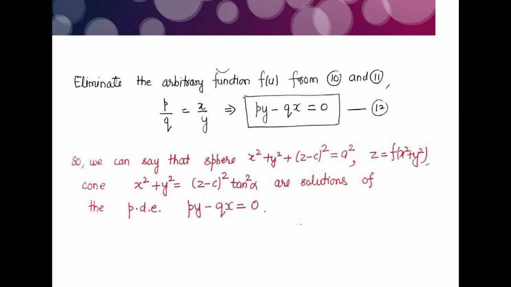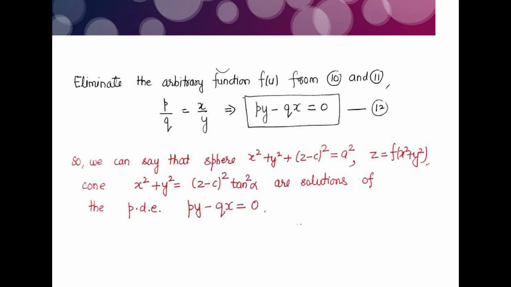Now from equations number 10 and 11 we have to eliminate the function f, which is appearing in the form of f dash u. So you can eliminate it. So finally we have p by q equal to x over y. Simplify this, and we have equation number 12.